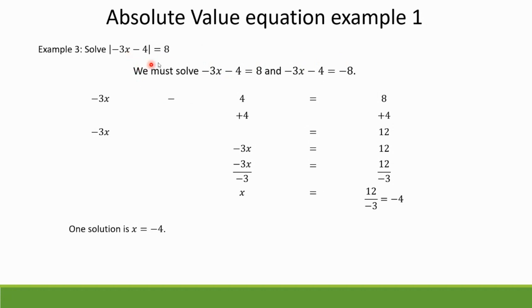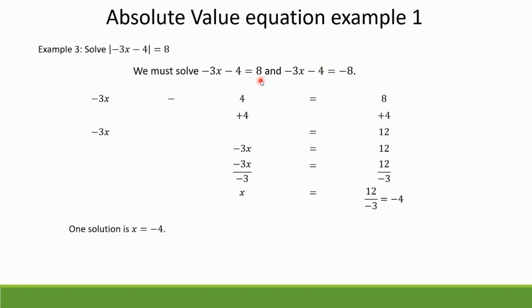In other words, from the equation, the absolute value of -3x minus 4 is 8, you have to solve these two corresponding equations. All right, that's not so bad. Okay, that's good. So what do we do?